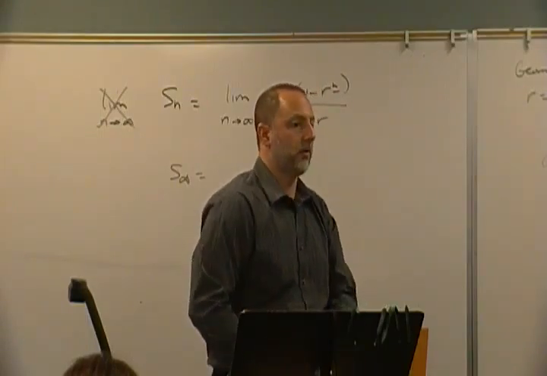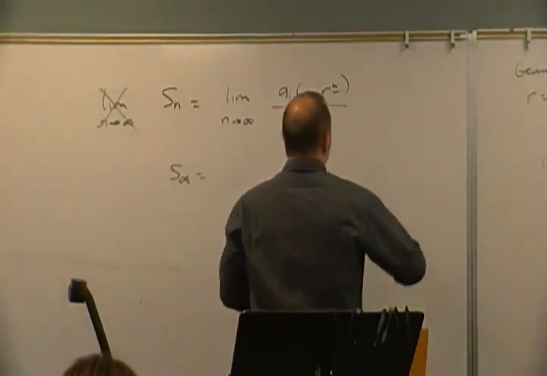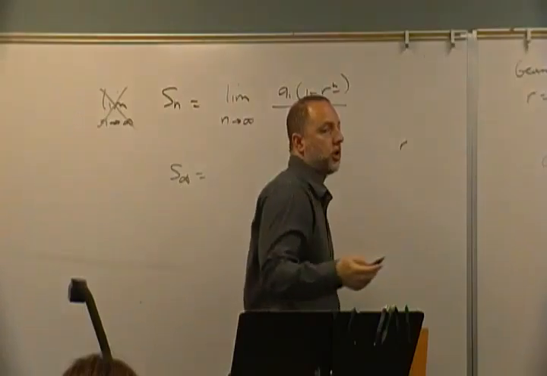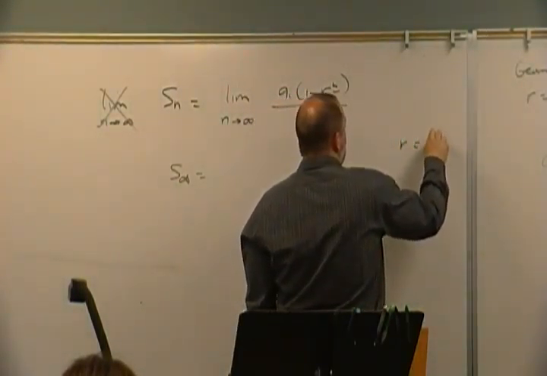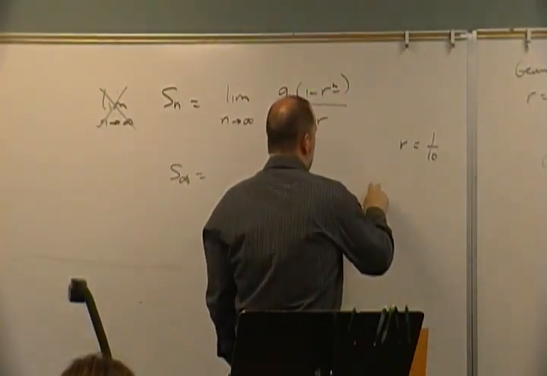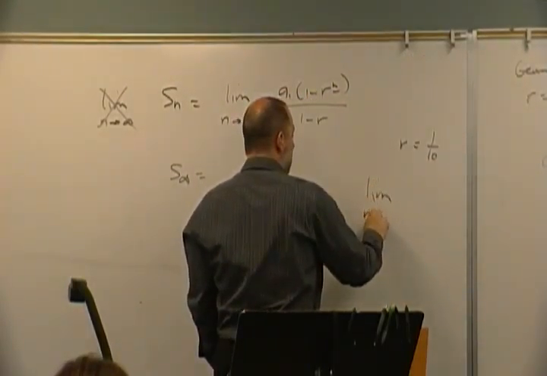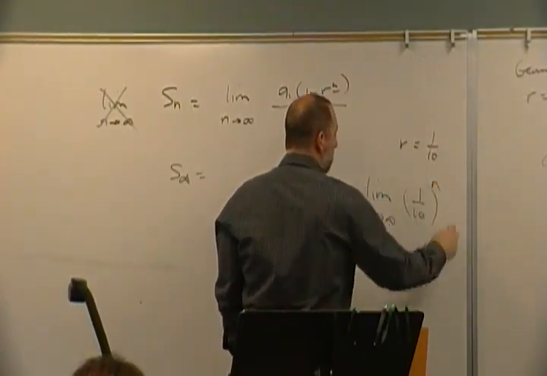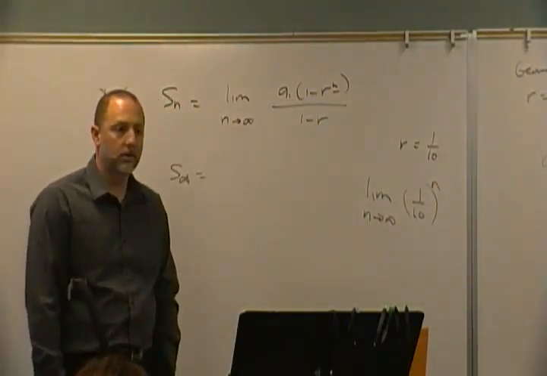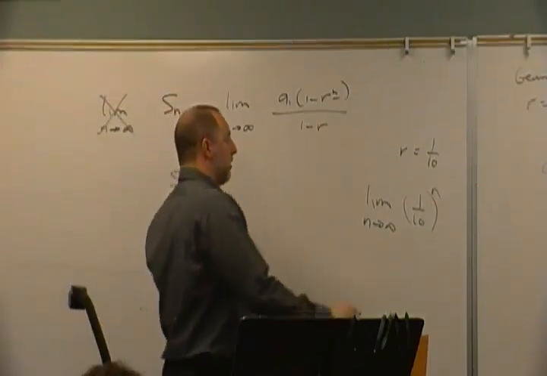Now think about that for a minute. Let's say I have a common ratio. We just had a common ratio of a half, but let's choose a different common ratio. Let's take a common ratio of 1/10. What is the limit as n approaches infinity of 1/10 to the n power? It's 0.